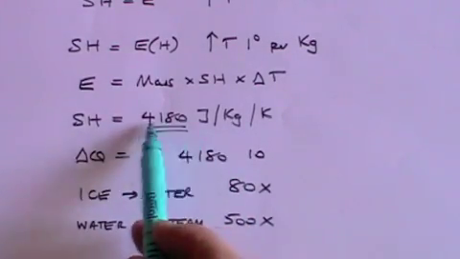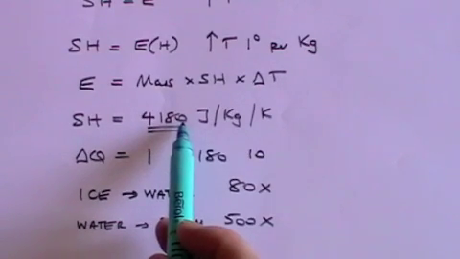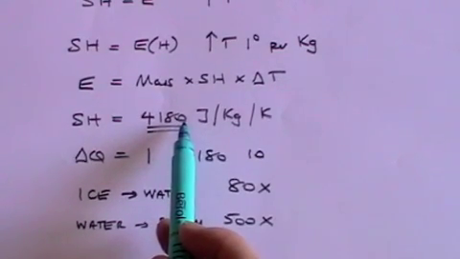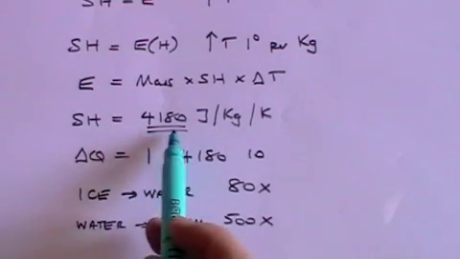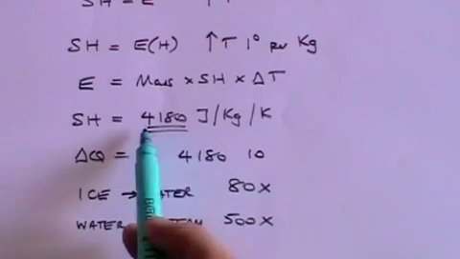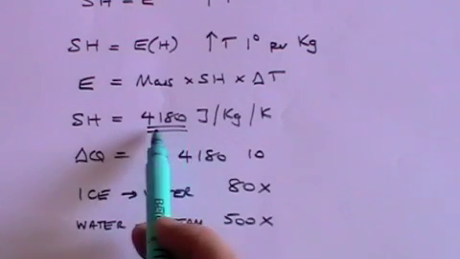Now remember, this is the energy you need to take 1 kilogram through 1 degree Celsius or 1 degree Kelvin. If you took water from 0 degrees to 100 degrees Celsius, that is from freezing point to boiling point, but without it changing state, in other words, it remains water all the time, you'd need to use 100 times this amount of energy.